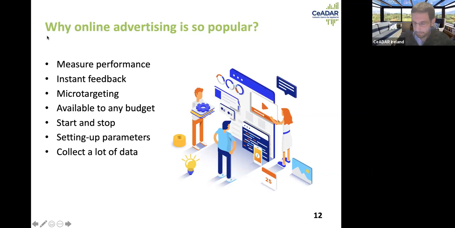So you can target your public by different features, and that makes it very profitable and very effective. Online advertising is also available for any budget. Even if you are a small company, if you want to spend €5 per day, that will also work. You can start and stop your campaign whenever you want. You can collect a lot of data. Those are the main advantages and explain why people are so keen on investing online.